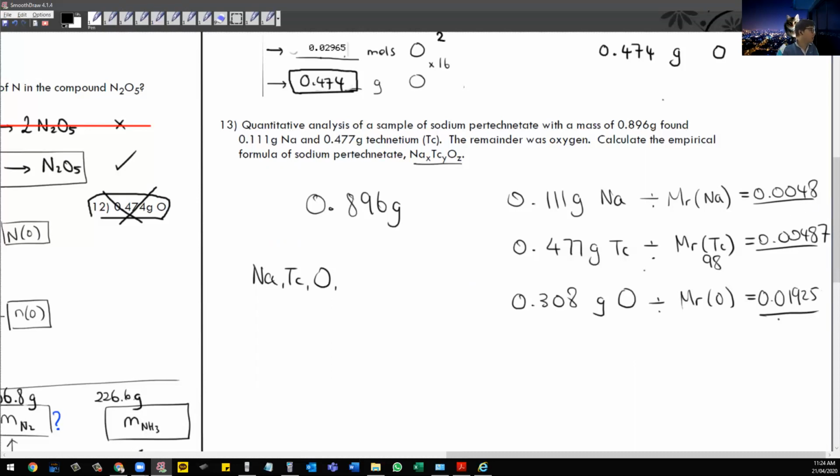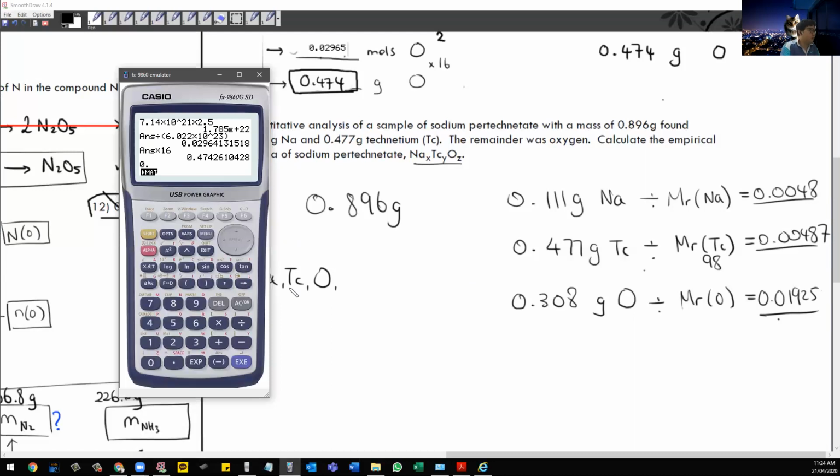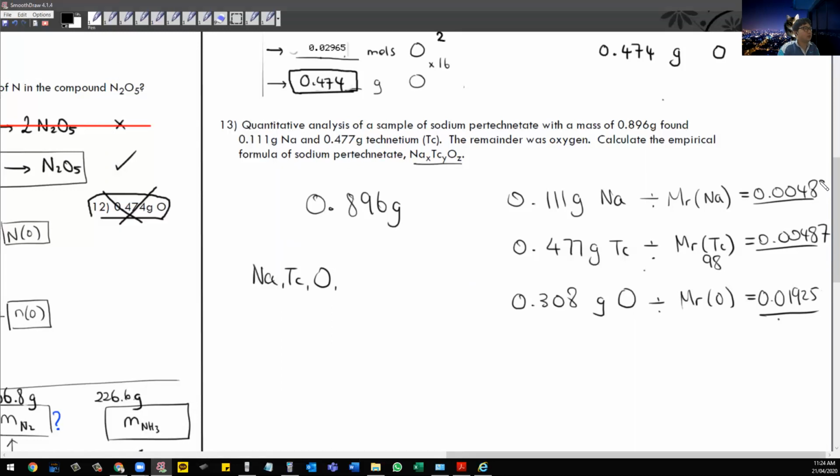By the way, if I get more decimal places for this, 4.483. So there's another digit there, 3. So let's just make that the reference and divide everything by that number. Then the sodium will become 1, right?